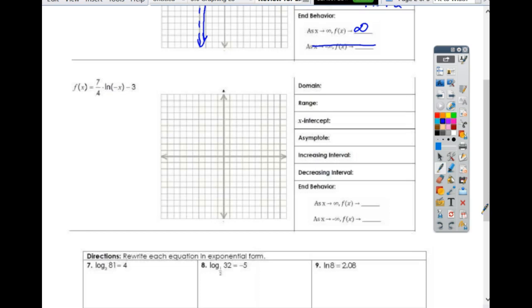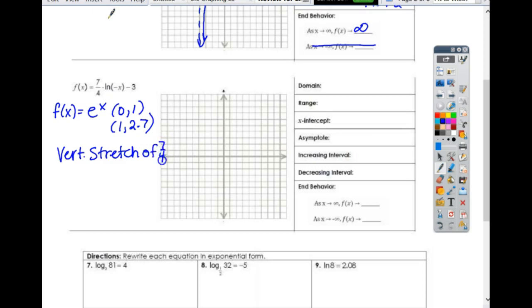So the last one is the ln, which means I'm going to have a vertical stretch of 7/4. I'm going to have a reflection over the y.